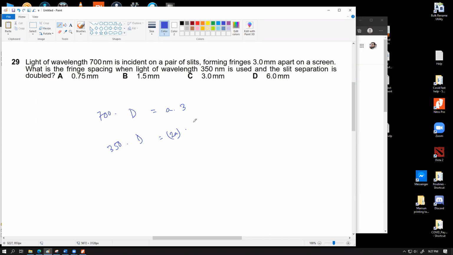What is the new fringe spacing, x is the unknown here.